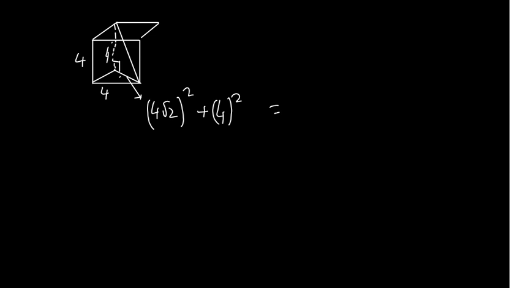This is nothing but 16 multiplied by 2, 32, plus 16, so 48. Now 48, is it a perfect square? No, because it's 4 root 3. So wherever you are getting this kind of diagonals, you will see if it is not a perfect square, automatically the irrational numbers come up there.